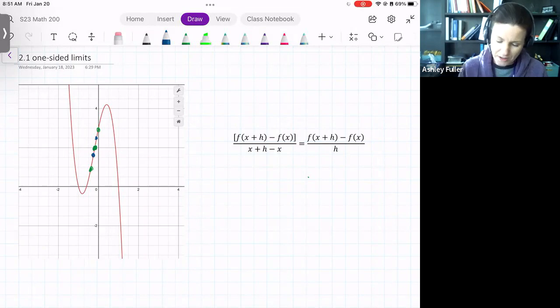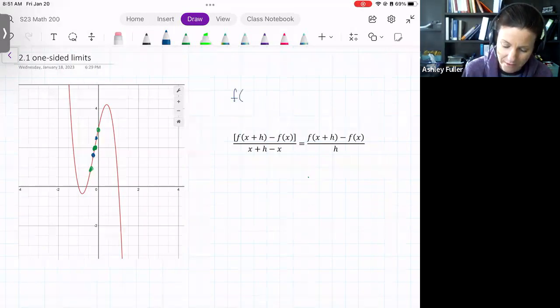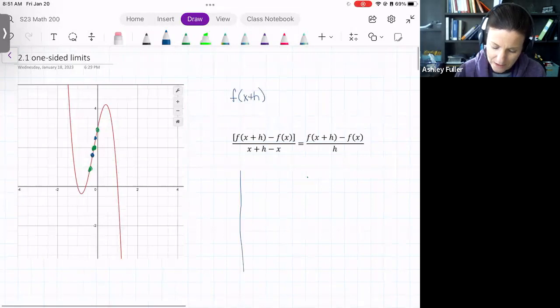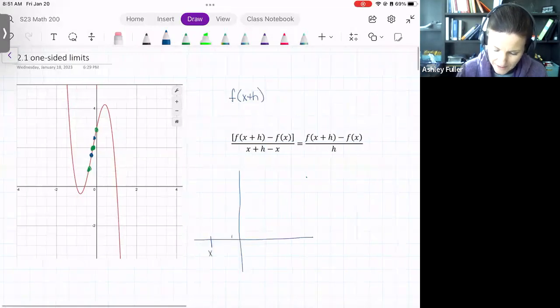So what we eventually do is we take two y values, and remember, y values are a value of the function at a certain x value. So if we zoom in a little bit on our graph here, we take some x and some x plus h, and we find the y values that go with those.